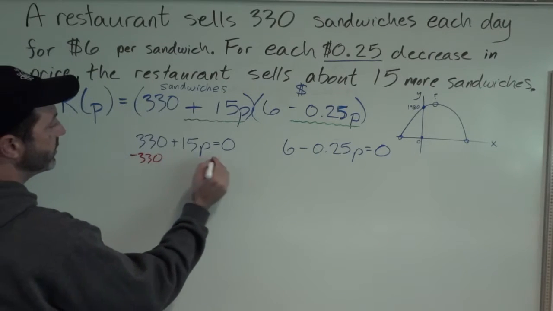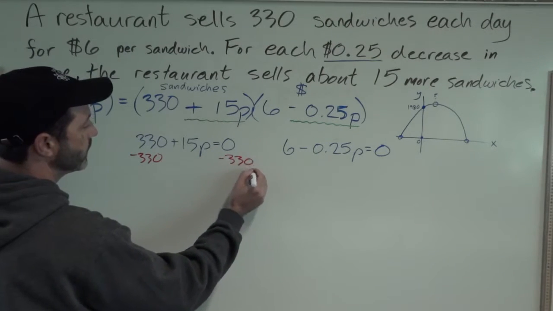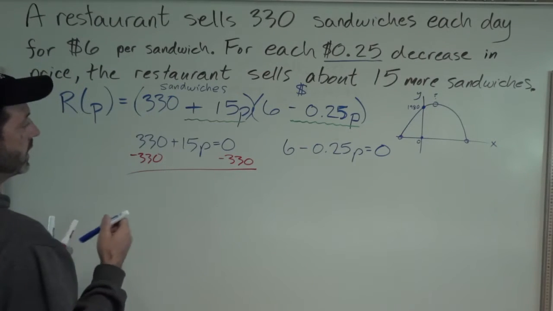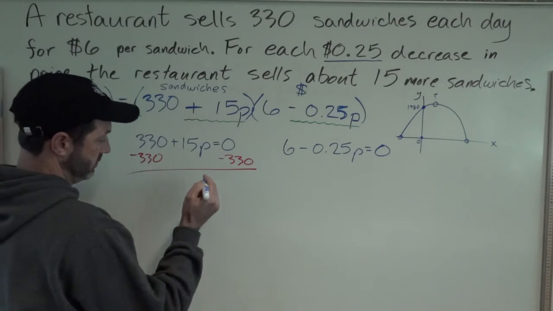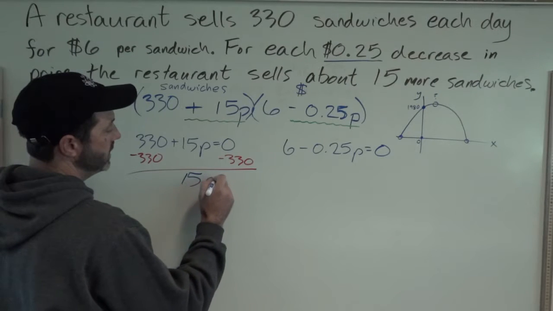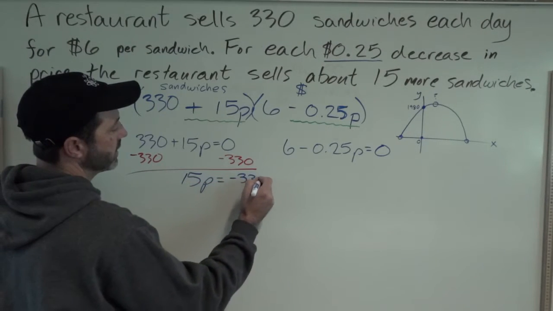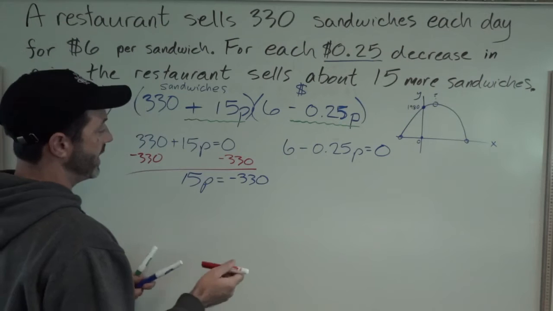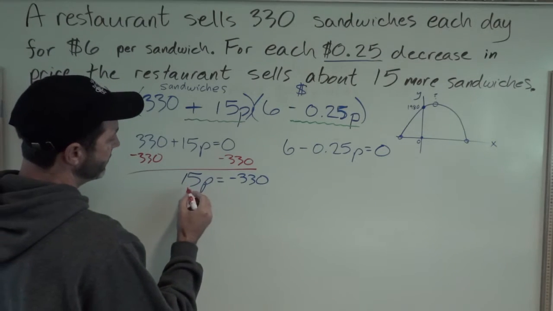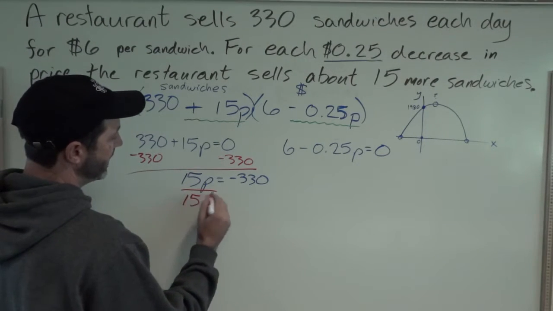Subtract 330 from both sides. And how does it read now? It reads 15p equals negative 330. What do I have to do next to get the p by itself? I have to divide by 15.